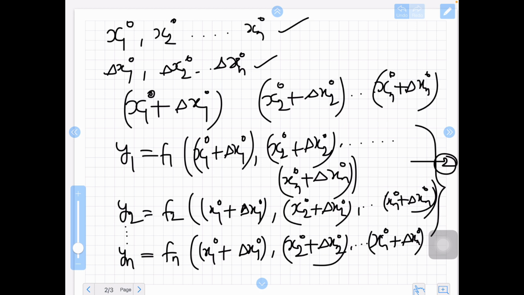So when you consider the unknown variable x1, if you include the corrections as well as the initial solution, this is the answer. So let us include these terms in equation 1. Equation 1 modifies to equation 2, that is y1 is equal to f1 of x1 naught plus delta x1 naught, and so on and so forth.